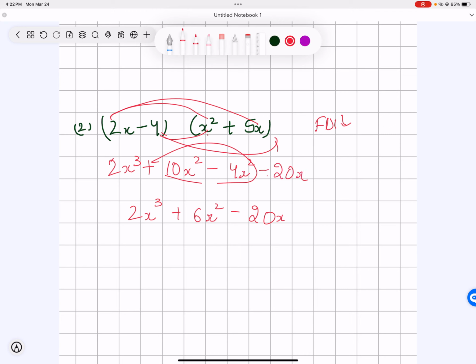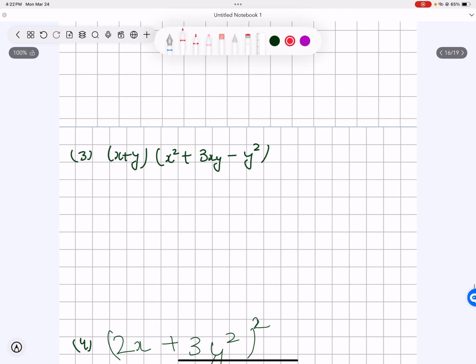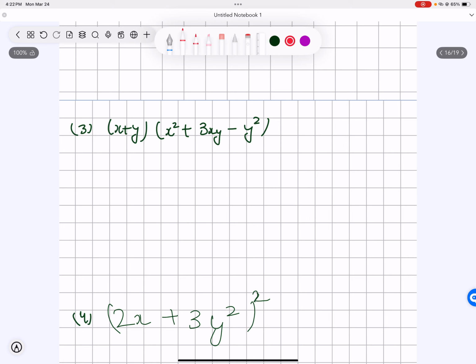Minus 20x, so that is gonna be written as itself. And then I'm gonna try to solve 2 more examples for this, which is, again, I'm gonna be using the distributive property for this.